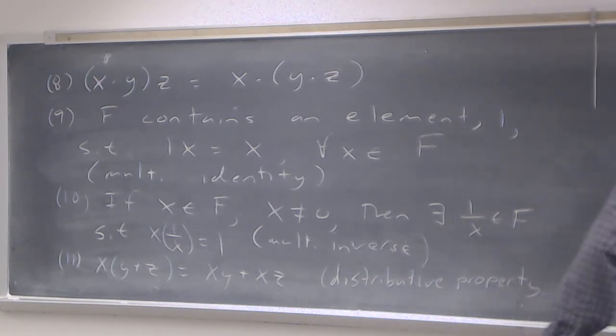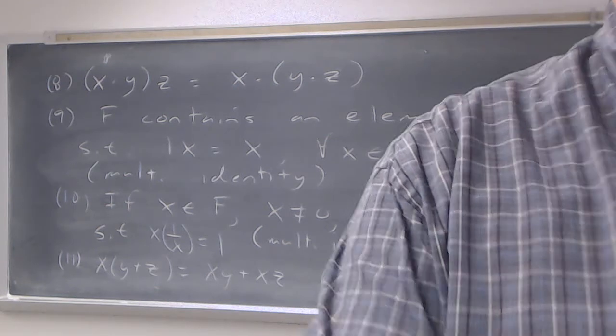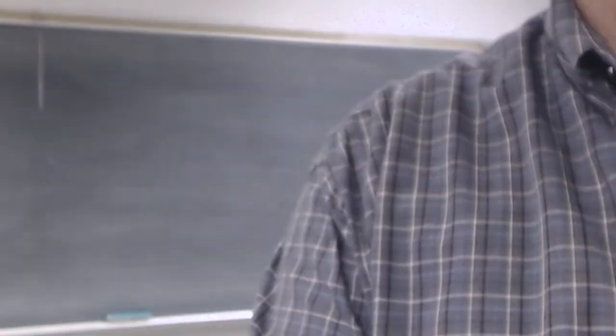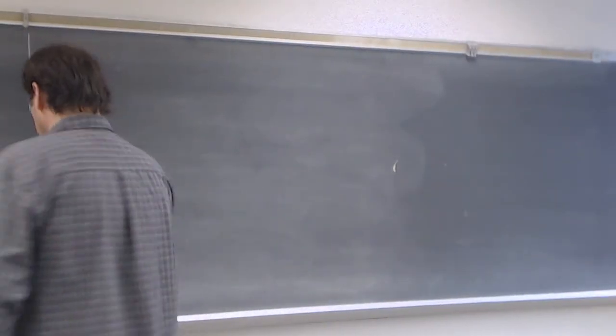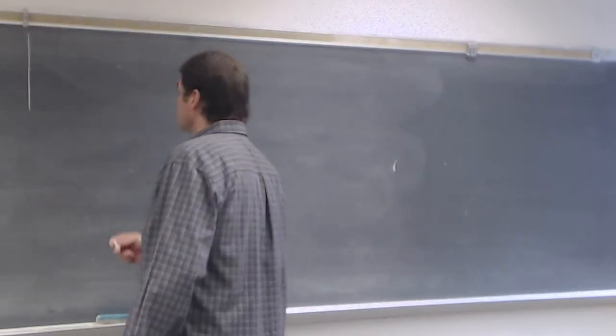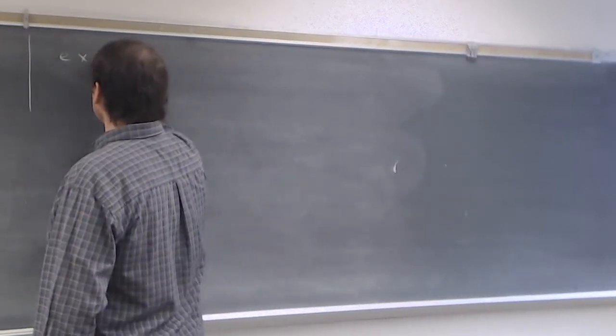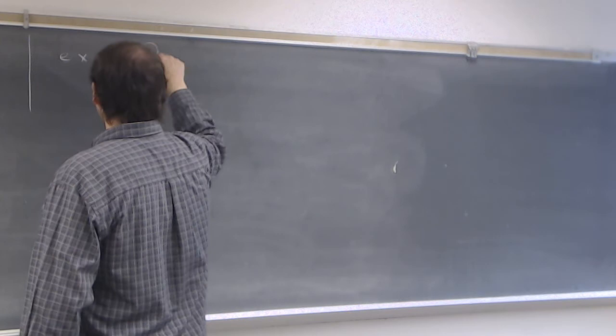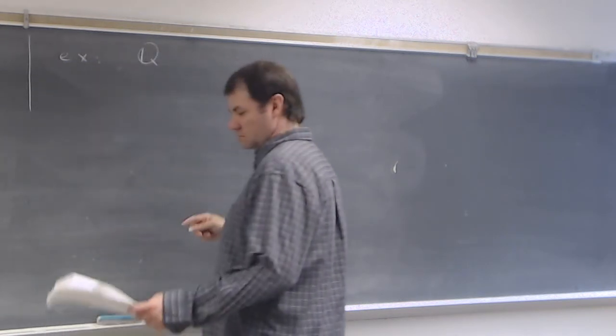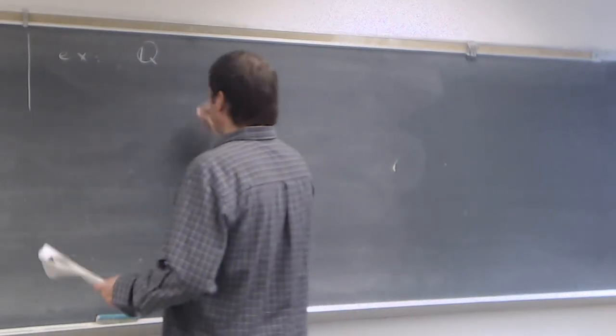Well, let's look at some examples. And then we're going to look at some properties of fields. As examples, it turns out that Q is a field.